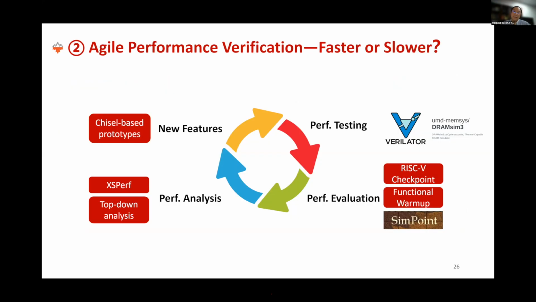This is the first part. The second part is how to perform agile performance verification, which means once we modify a design, we need to know if this modification gets better or poorer performance, which means faster or slower.